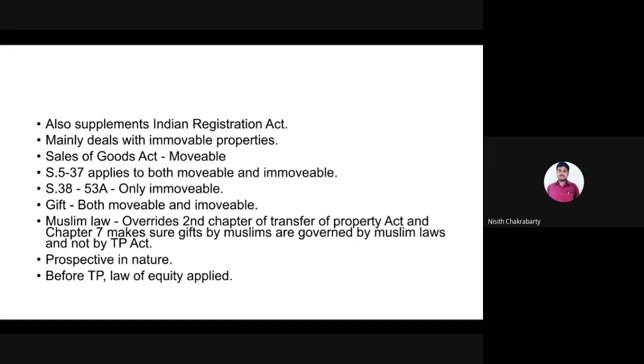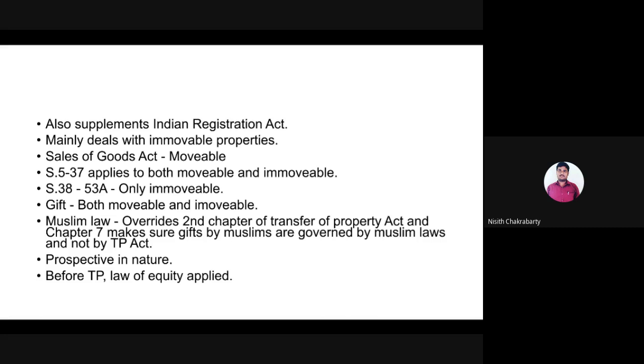Section 4 also says that it supplements the Indian Registration Act. But we also have to know that it mainly deals with immovable property. When I say that it mainly deals with immovable property, that goes to show that it also deals with movable properties in some chapters. There are parts of the chapter which actually deal with movable property, like sections 5 to 37, which apply to both movable and immovable.